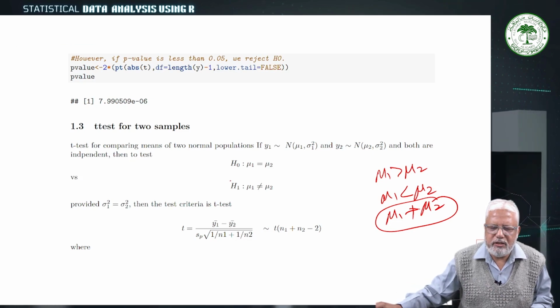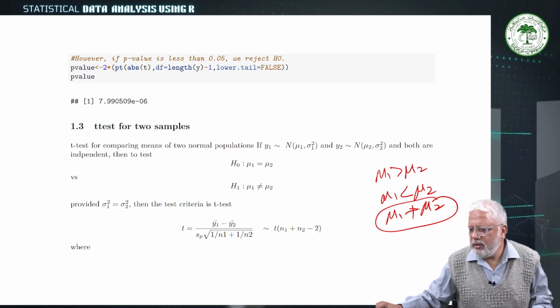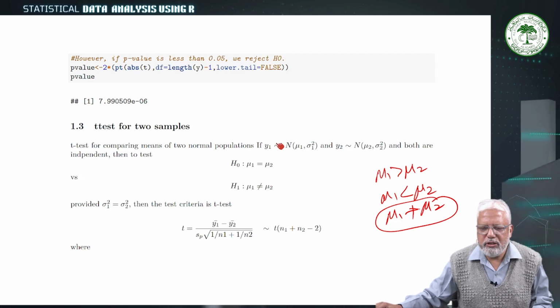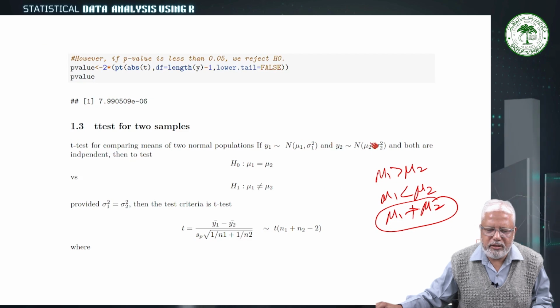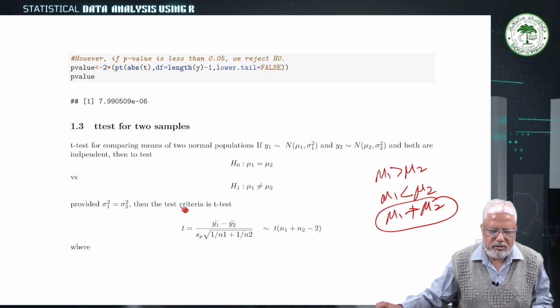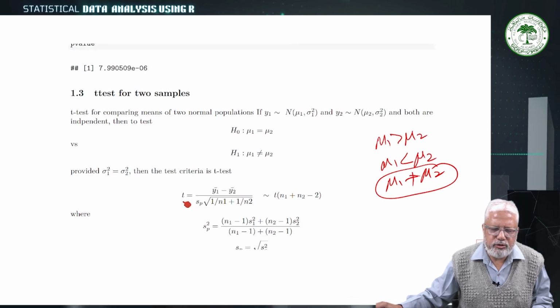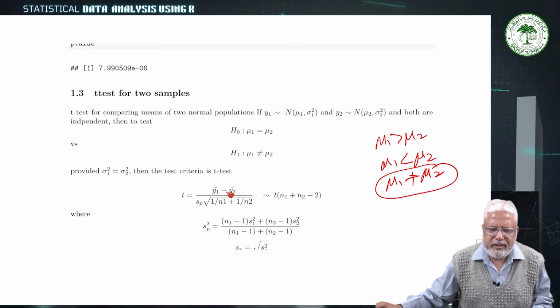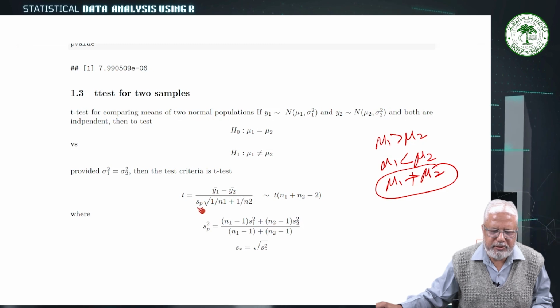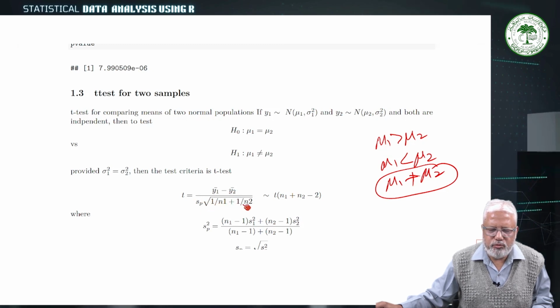One is normality, and another one is homogeneity. This is the normality assumption, and this one is the homogeneity of variance assumption. So, t is equal to y1 bar minus y2 bar divided by SP times square root of 1 by n1 plus 1 by n2.